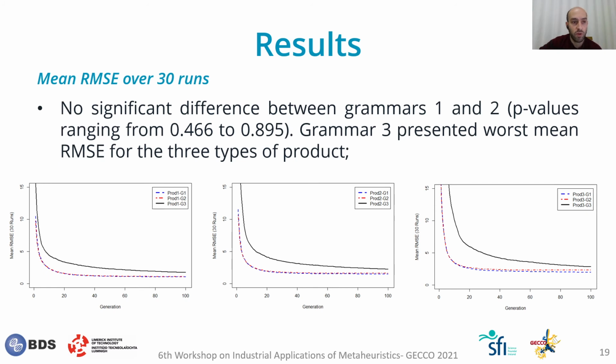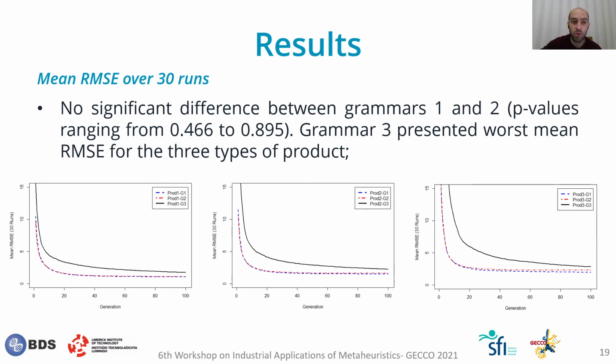On the results, so basically starting with the mean RMSE over the 30 runs for each scenario, so basically each of the products. So here we can see that there is no significant difference between grammars 1 and 2 for the 3 products.